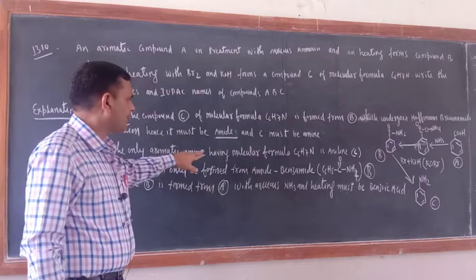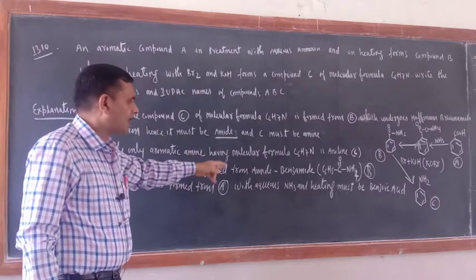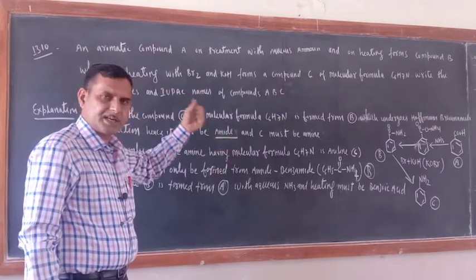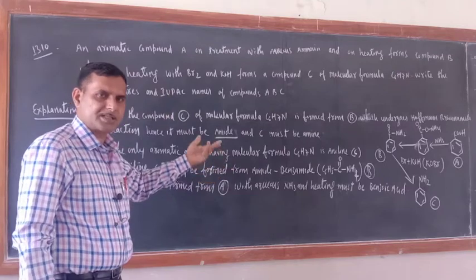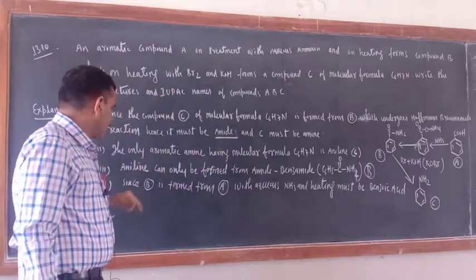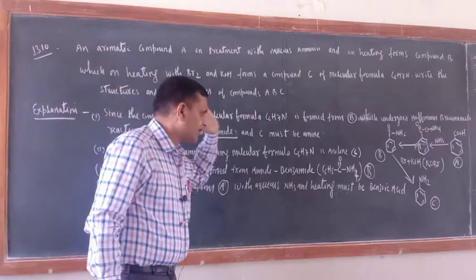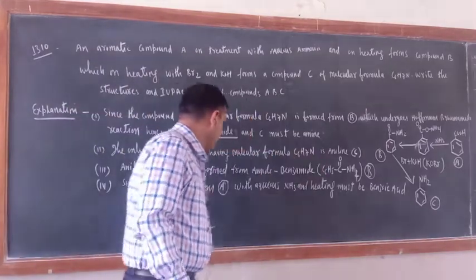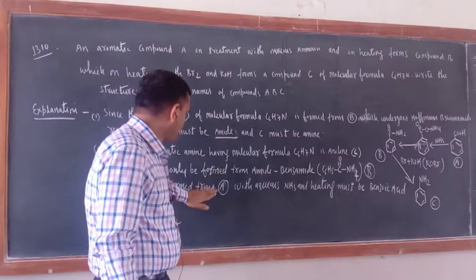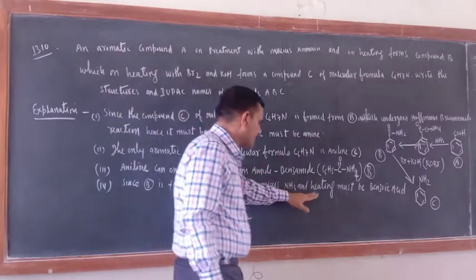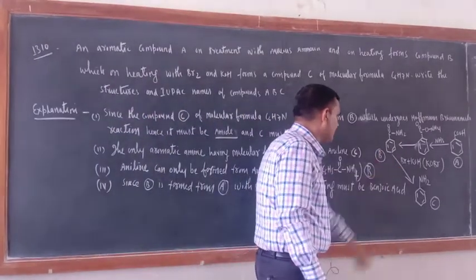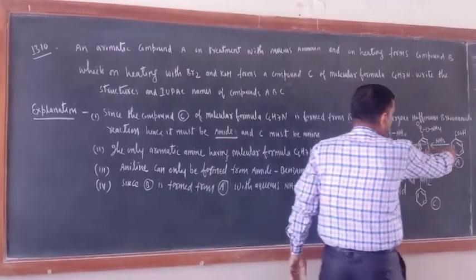The only aromatic amine having molecular formula C6H7N is aniline. So product C is aniline, and aniline can only be formed from the amide benzamide. Now I wrote B here, and since B is formed from A with aqueous NH3 and heating, A must be benzoic acid.